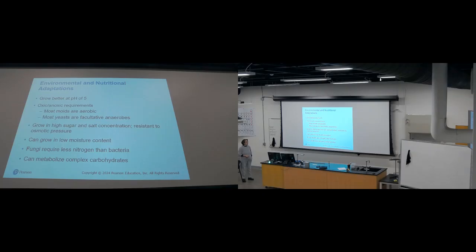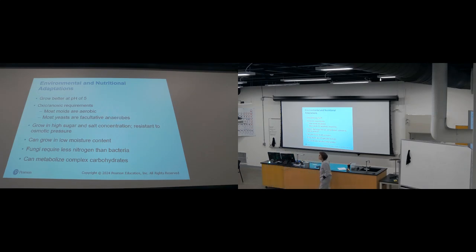And they like to grow in areas with high sugar content and salt concentration, so they are resistant to osmotic pressure. Their cell wall allows them to be so resistant. And they can grow in areas with low moisture content. However, most of them prefer moisture.